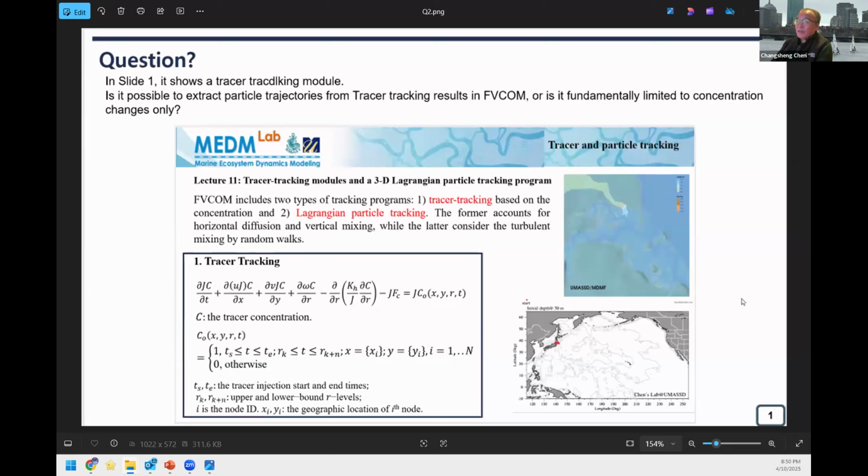So you can't get a particle trajectory from the tracer; a tracer equation and a particle are two different things.